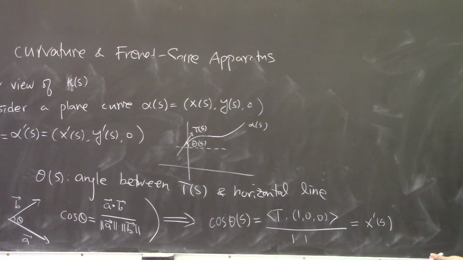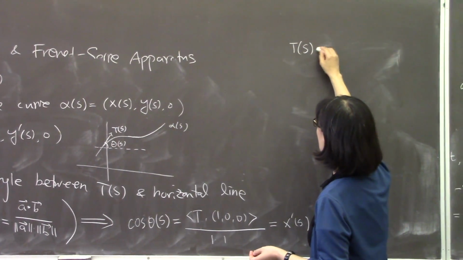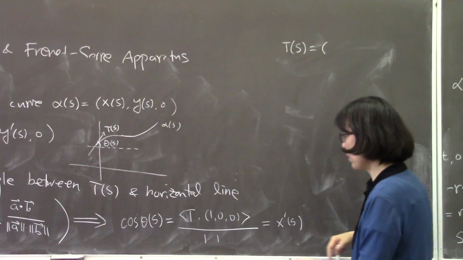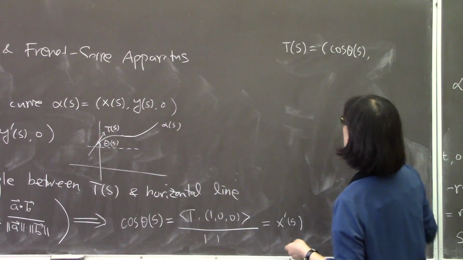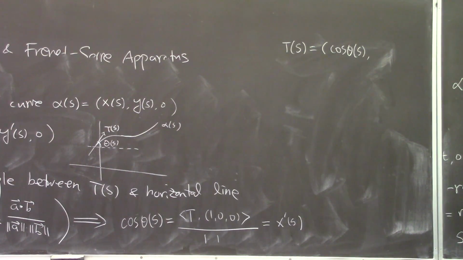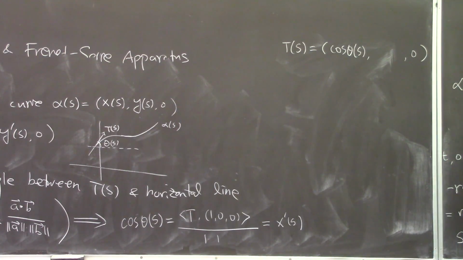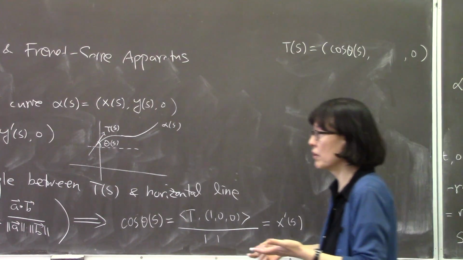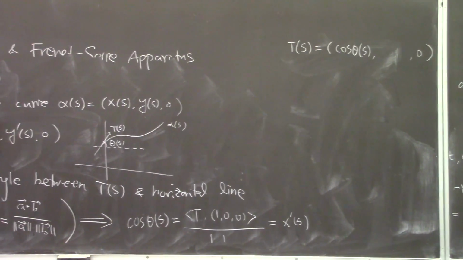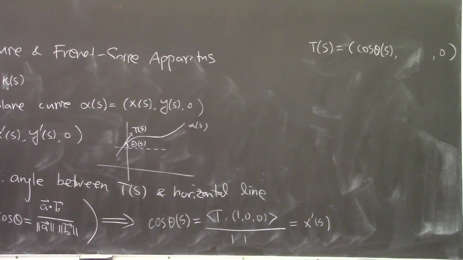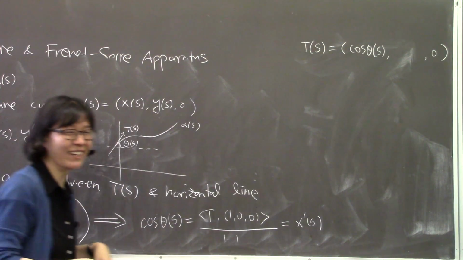So we have here that big T has x prime equal to cosine theta s, and what is y prime? What is a good candidate for y prime? By the fact that this is given as cosine theta and the length of this one is 1, sine, right?